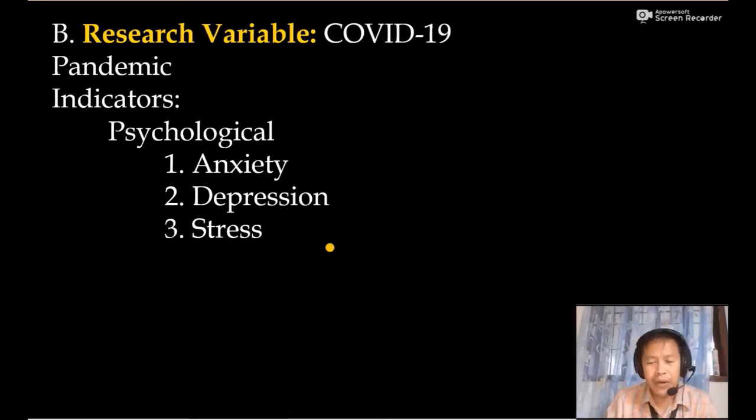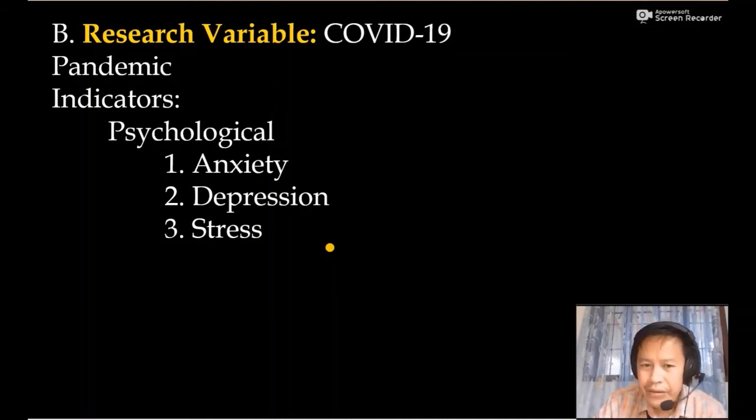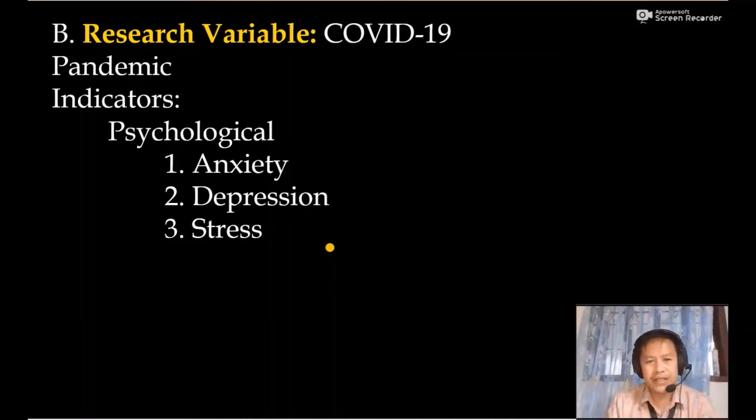Why? For example, we, the teachers, sometimes we are stressed in making video lessons just for the students to really learn. And that is normal. And this COVID-19 gives us the anxiety, depression, and stress. And we can measure all of these things using a survey questionnaire.